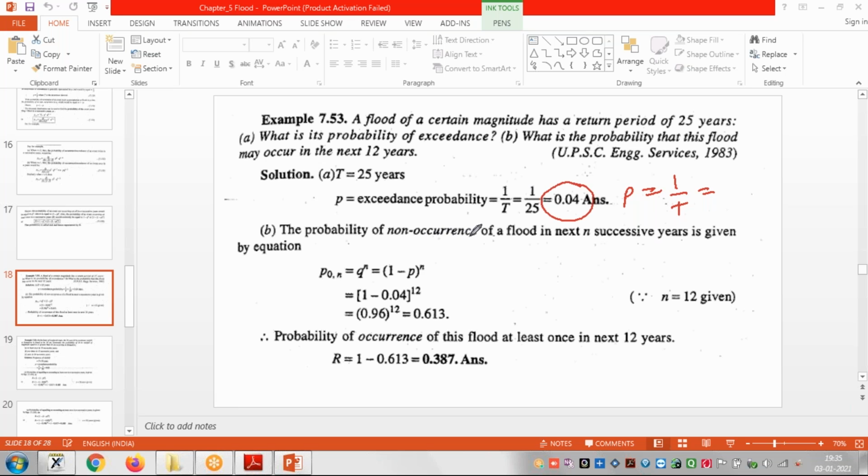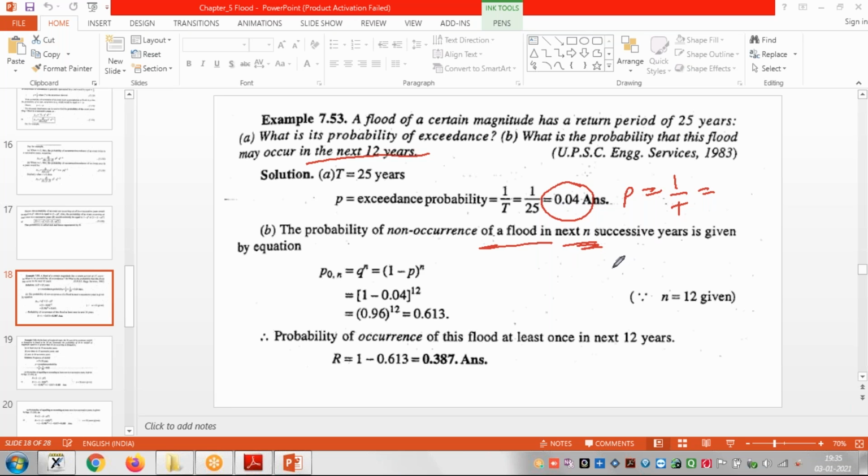The second question asked is the probability of non-occurrence of a flood in the next n successive years. So the probability of the flood that may occur in 12 years. That is, may occur.